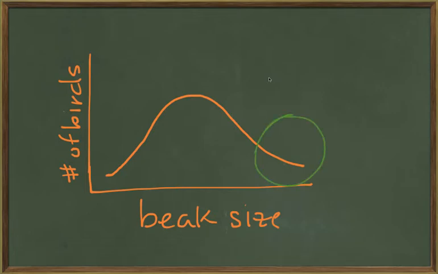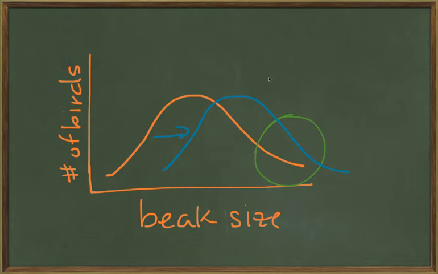This is my successful end. So in the next generation, I'm going to have more birds with slightly larger beaks. What this causes is for my bell curve to shift over just a little bit. And I would end up with a bell curve that looks more like this, where it's moved over from where it started.